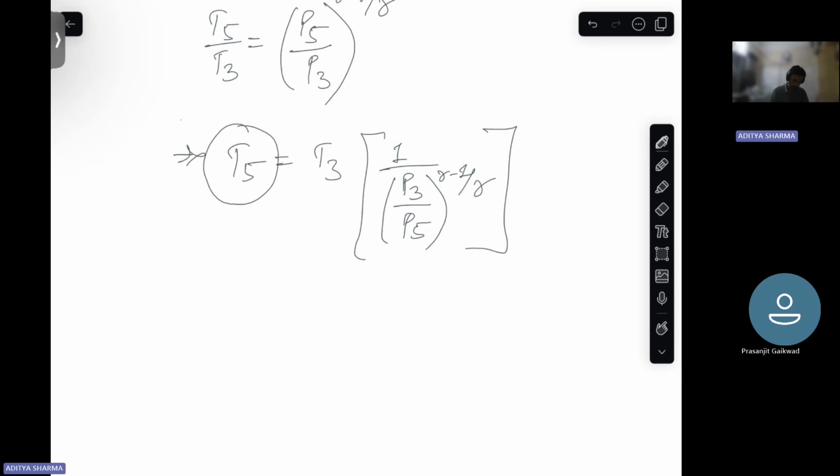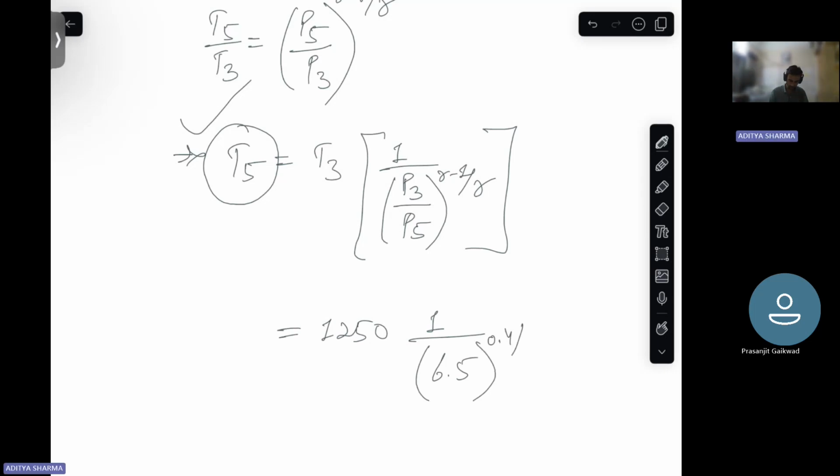So this is the exit temperature of your low pressure turbine. T3 is given to us as 1250 and the pressure ratio is given as 6.5.